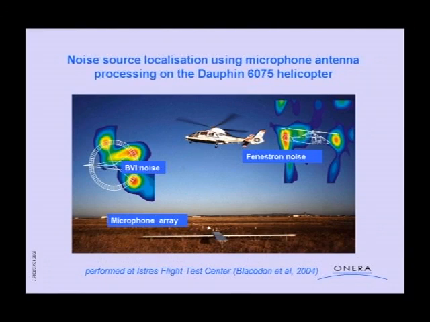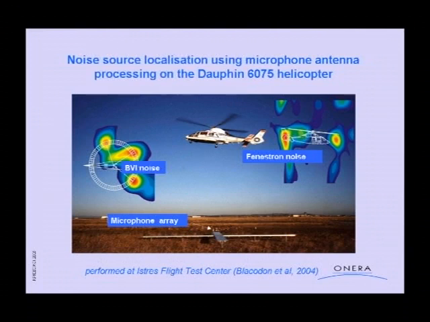One of the tools that we have to assess the participation of the tail rotor is noise source localization, which is similar to what Yoshi presented, using phased microphone arrays. Here it's a cross-shaped antenna which is on the ground. And you can see here that we were able to localize, depending on flight conditions, and quantify the noise from the tail rotor or the main rotor.